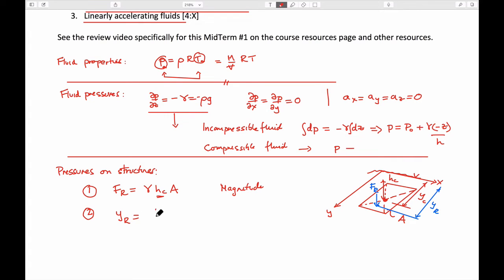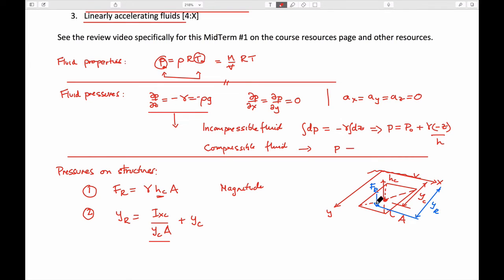which is equal to the second moment of area divided by the slope distance of this centroid, the centroid of the plate, multiplied by the area of the plate, and added to the value of the slope distance of the centroid. So in other words, this term here, as we've talked about, is the difference between the y-coordinate of the centroid below the surface and this offset.